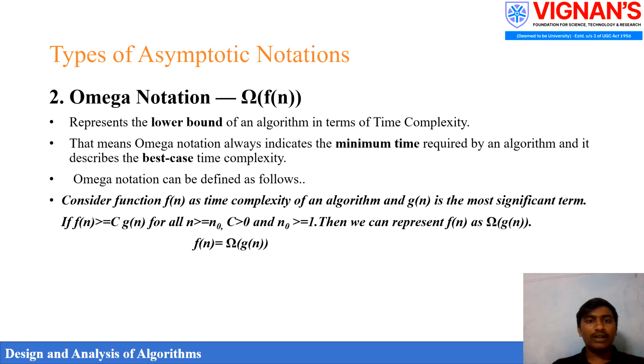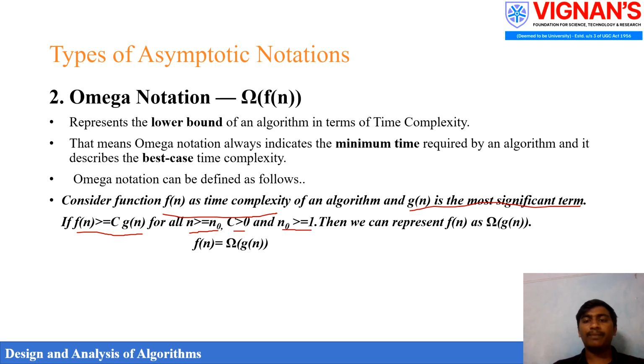The next type of asymptotic notation is omega. Omega notation represents the lower bound of an algorithm. It indicates the best case time complexity, which is the minimum time required. Consider the function f of n as the time complexity of an algorithm, and g of n is the most significant term, and the function f of n is greater than or equal to constant c into g of n, where n is greater than or equal to n naught, c greater than 0, and n naught greater than or equal to 1.